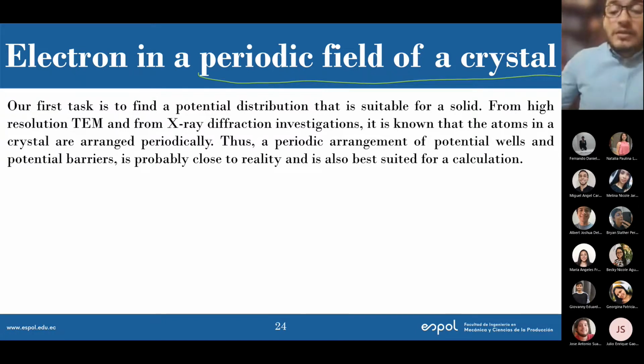But there is a model that represents very accurately how electrons behave in solid materials, and that model is called electron in a periodic field of a crystal. So why do you guys think this model of an electron in a periodic field is chosen to represent a solid material, or how electrons behave in a solid material?